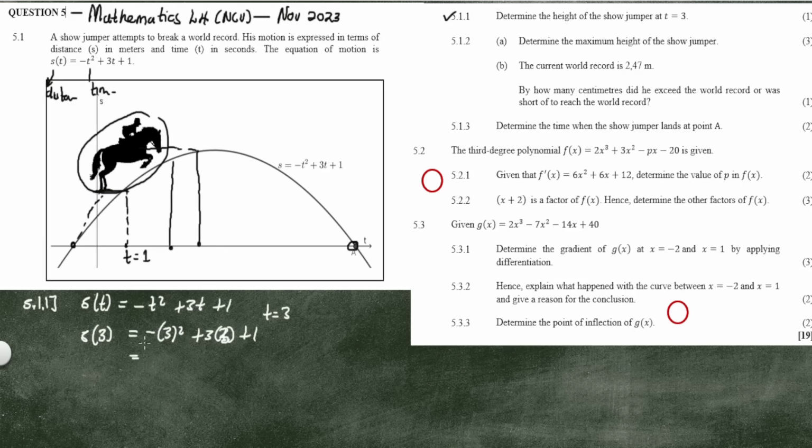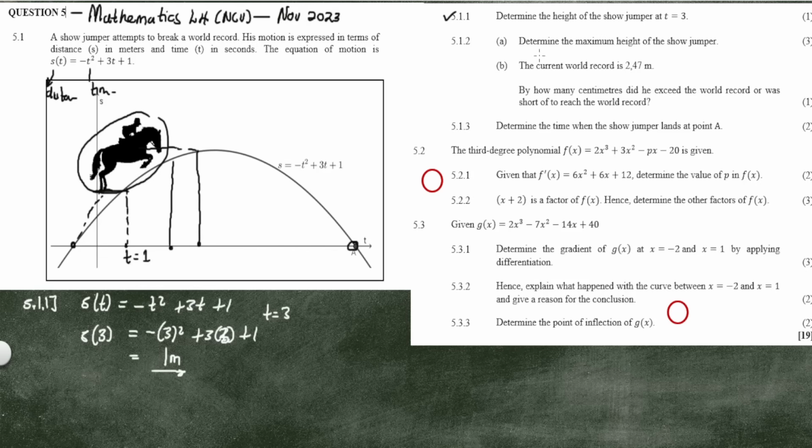Let me grab a calculator. Minus 3 squared plus 3 times 3 plus 1. I'm getting 1 meter. So this is the answer.